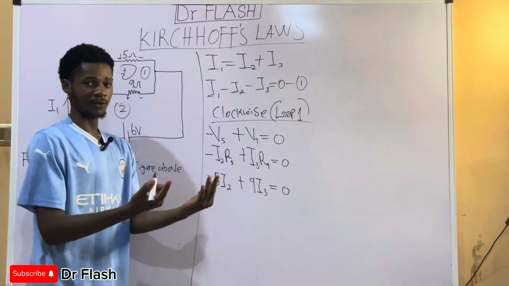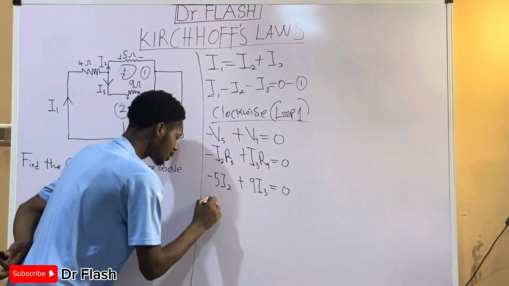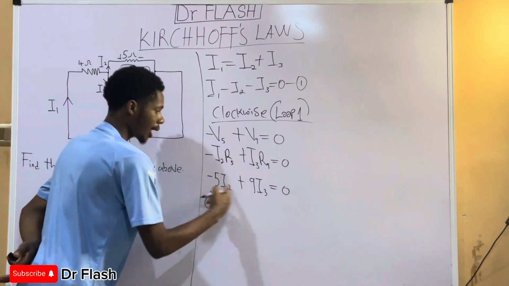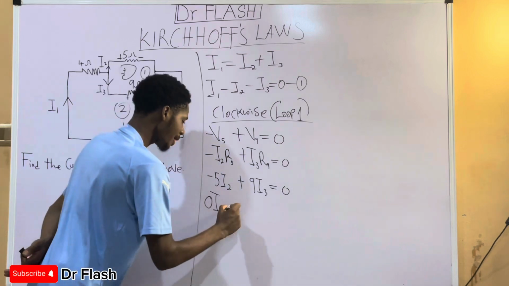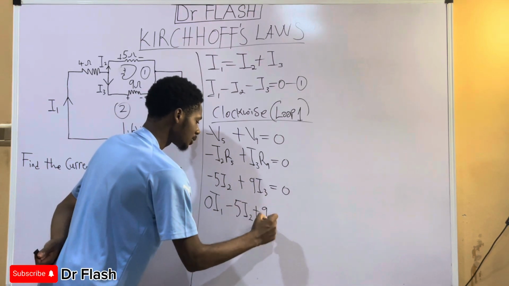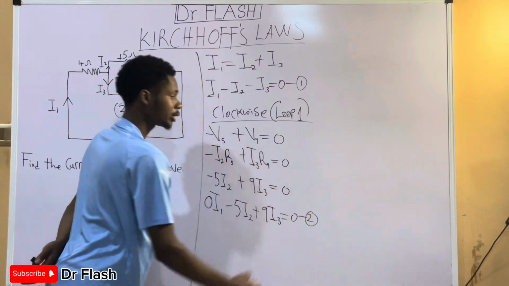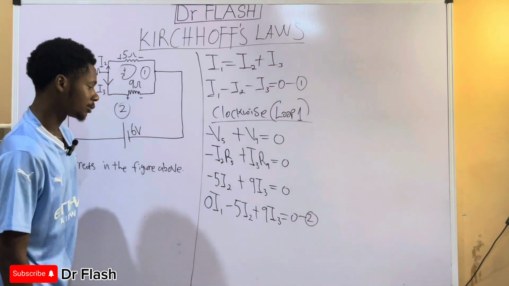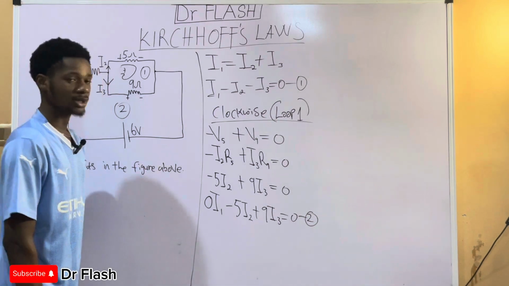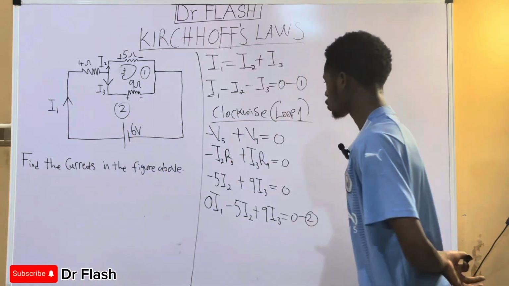When you're writing the final one, this can be written as 0 I1, since there's no I1 in this equation, it means it's 0. So we have 0 I1 minus 5 I2 plus 9 I3 is equal to 0. Okay, so that's easy. So now we have two equations.